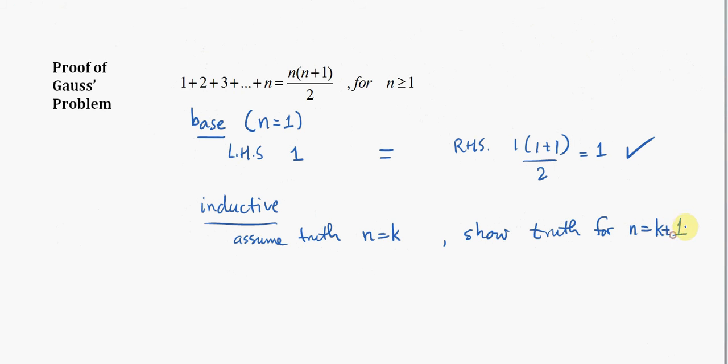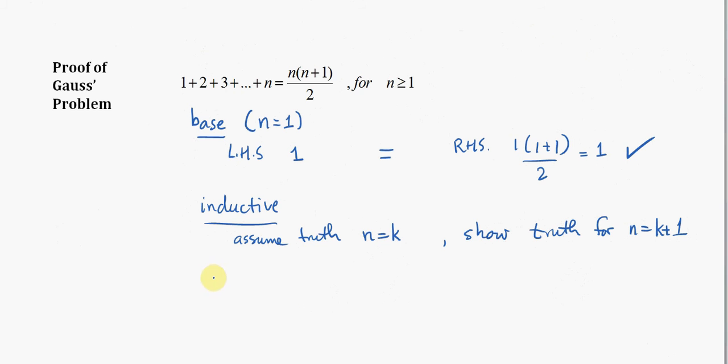In other words, whenever the formula is true for 5, we can show that it must also be true for 6. And when it's true for 6, it must also be true for 7, and so on. But rather than doing that an infinite number of times, we can just use variables k and k plus 1.